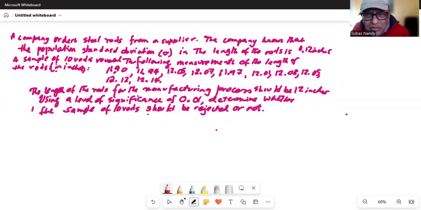The company knows that the population standard deviation sigma in the length of the rods is 0.12 inches. A sample of 10 rods reveals the following measurements of the lengths of these rods. Only 10 rods, so we need to enter the data in L1 of the calculator. And because the sample size is so low, we should make a modified box plot.